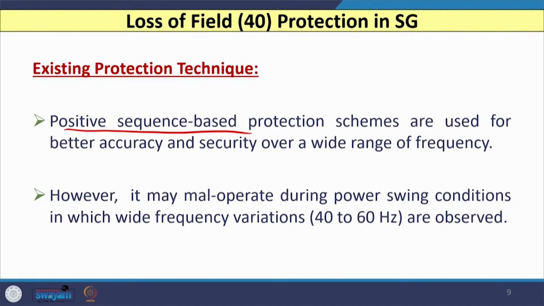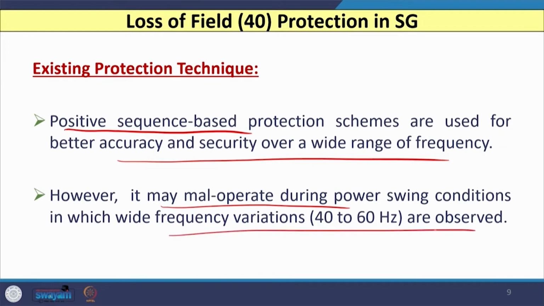This scheme provides better accuracy and security for a wider range of frequency, but it may maloperate in case of a power swing condition, in which the frequency may vary from 40 to 60 hertz. So, this scheme may fail in that case.